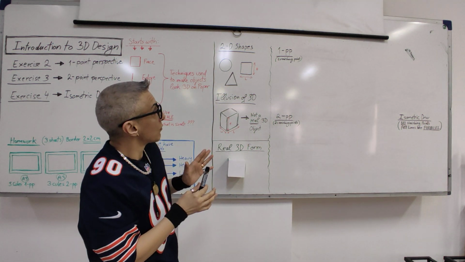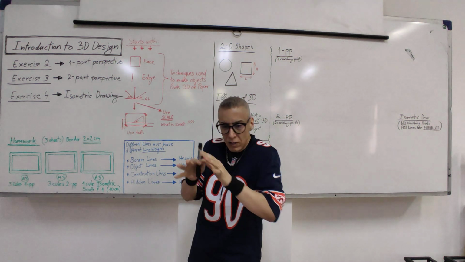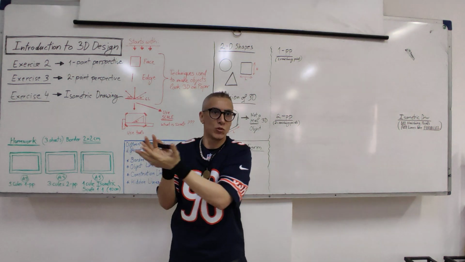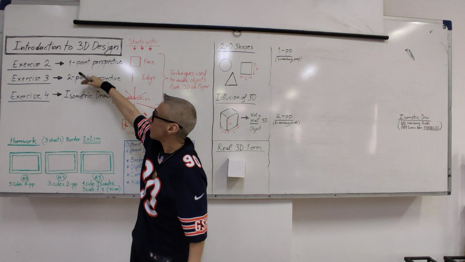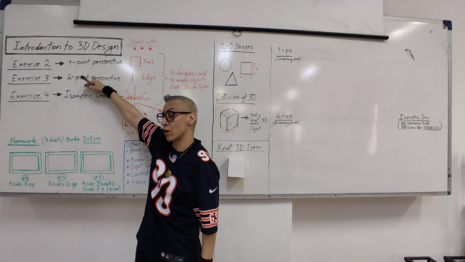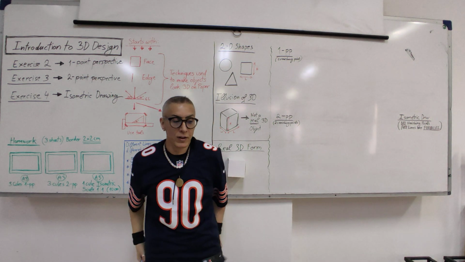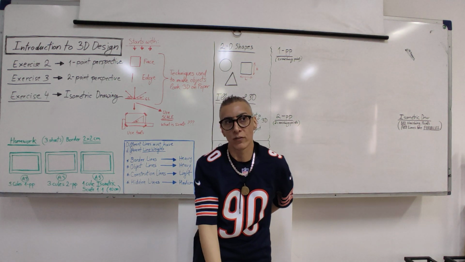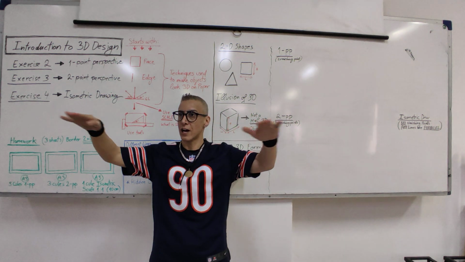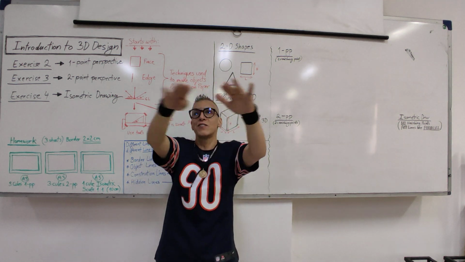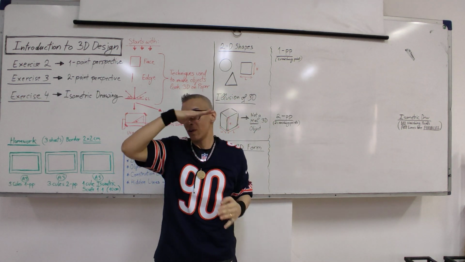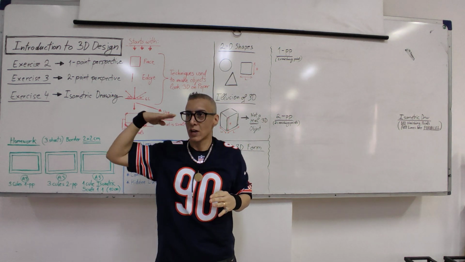Basically, what do these methods, in general, all of them have in common? Except this one. I'm talking about the 1 point perspective and 2 point perspective. We have something called a horizon line and vanishing points. What does it mean? First of all, the horizon line is always my eye level line. Where are my eyes?